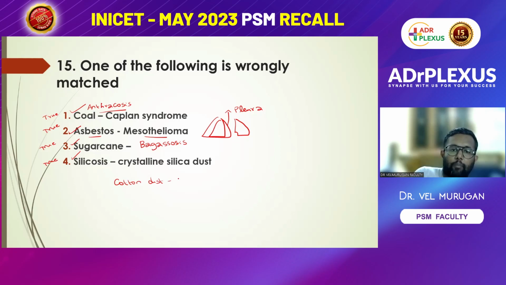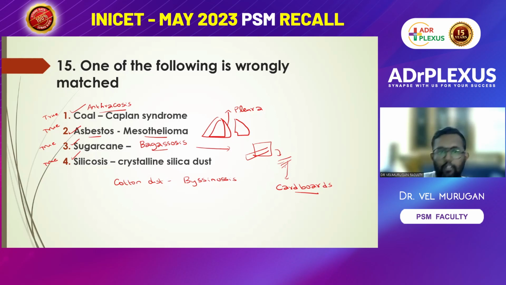These are some of the occupational diseases. The sugarcane is put in the machine and we get the residue, which is used for making cardboards. So the disease common with cardboards is bagassosis.